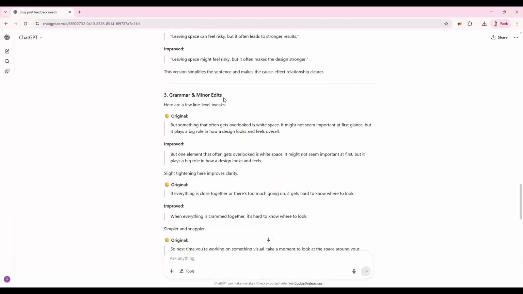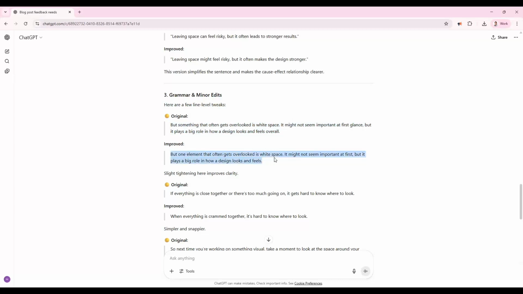Then when it comes to grammar and minor edits, let's take one example here. So the original was, but something that often gets overlooked is white space. It might not seem important at first glance, but it plays a big role in how a design looks and feels overall. So it has suggested the following improvement.